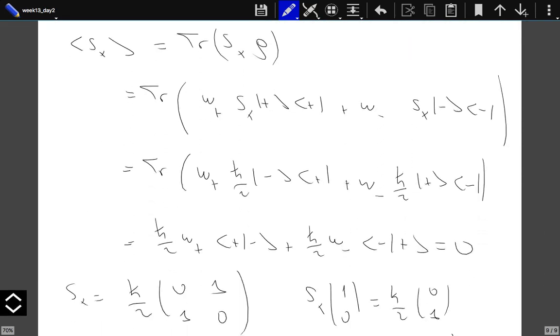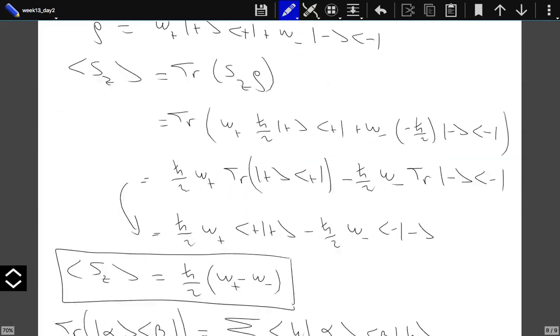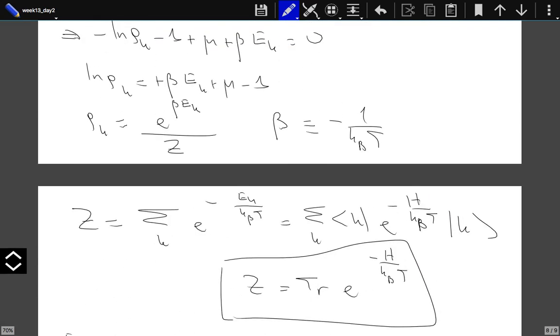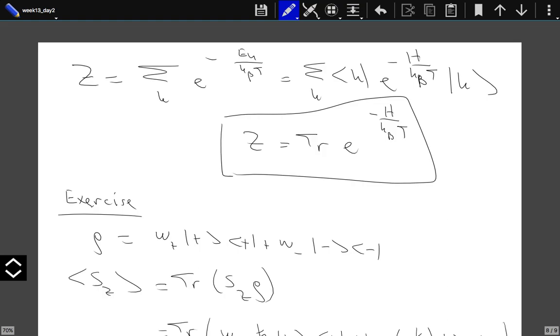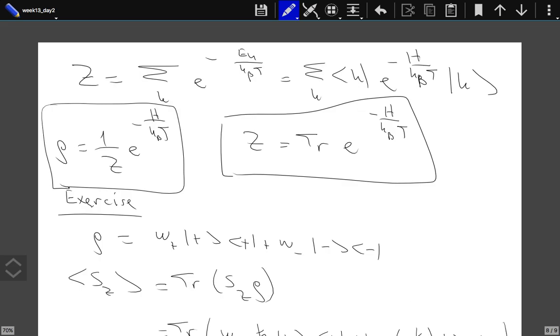In that case, the second law of thermodynamics combined with these definitions tells me what rho should be. Rho is basically 1 over Z e to the power minus H over kB T. But for a particular system, finding rho is itself a subject of study.